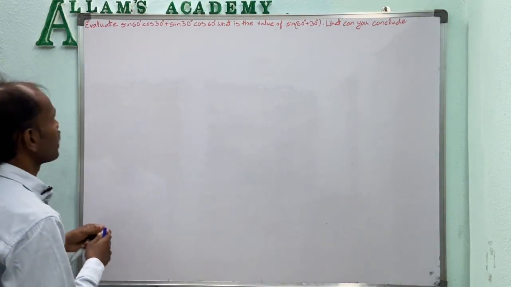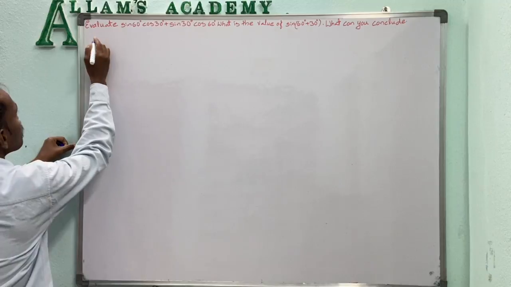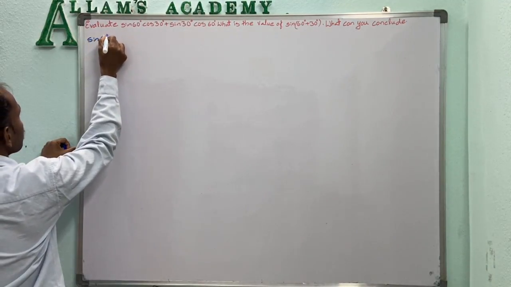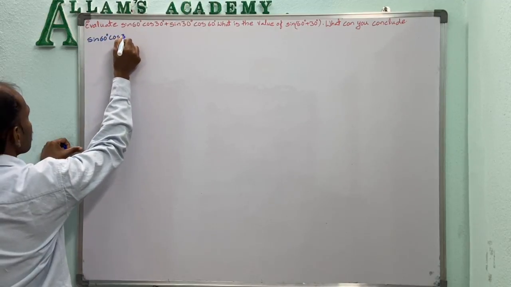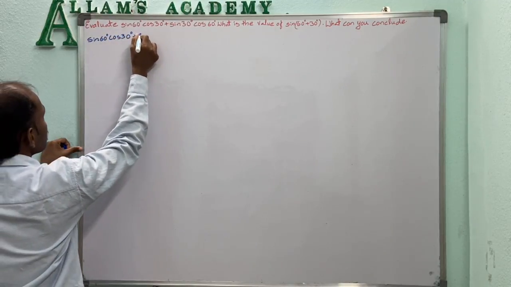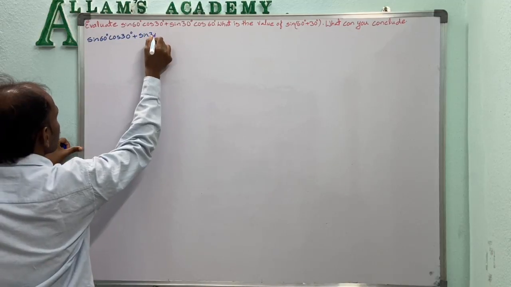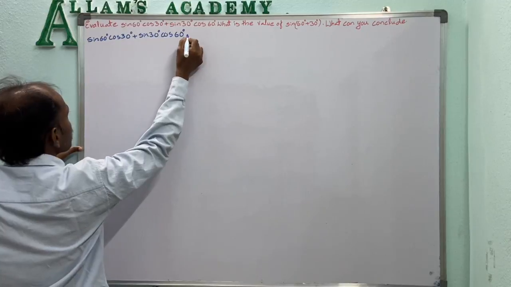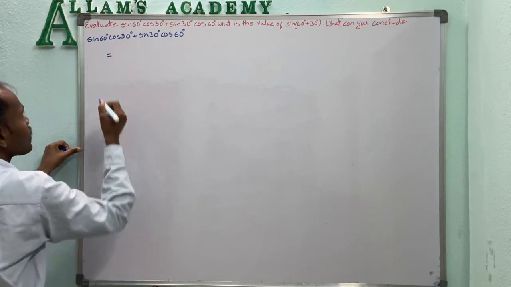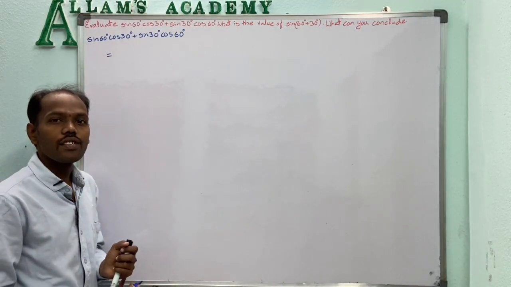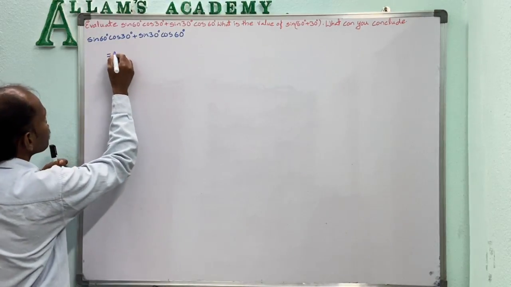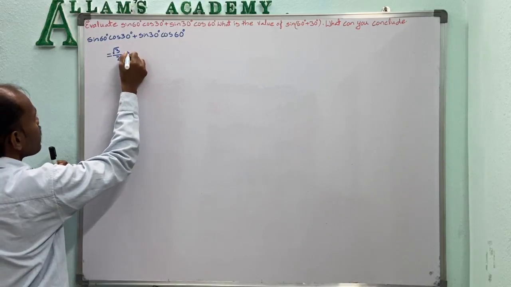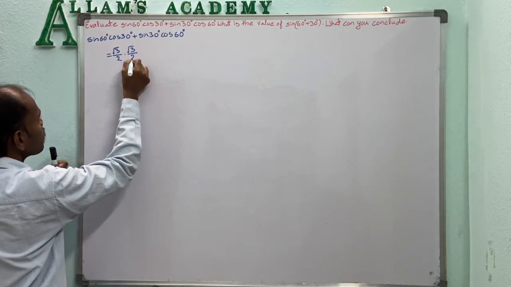So once we check, first we take sin 60 degrees cos 30 degrees plus sin 30 degrees cos 60 degrees. That equals: sin 60 degrees value is root 3 by 2, cos 30 value is also root 3 by 2.